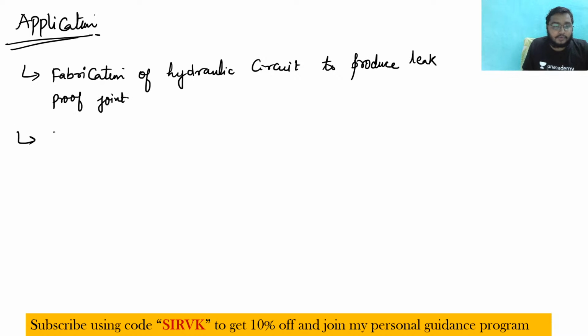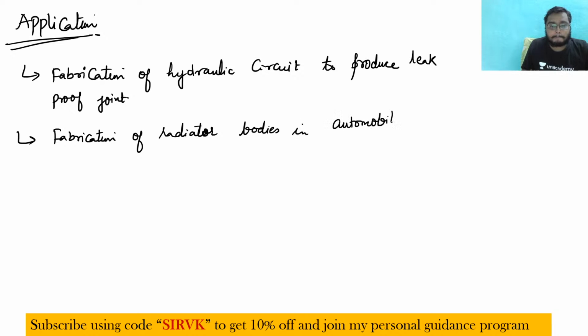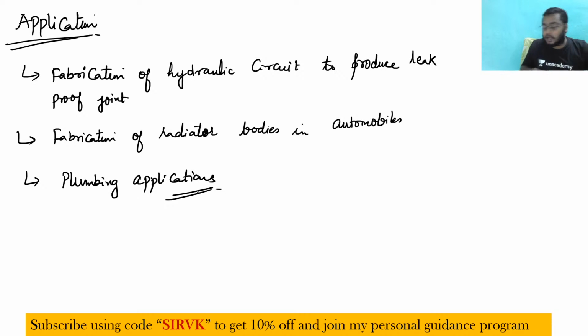We also use it for fabrication of radiator bodies in automobiles, and we are also using it for plumbing operations. छोटा मोटा plumbing का जो operations होता है ना, plumbing में जहाँ पर भी हम use करते हैं, we also use it.